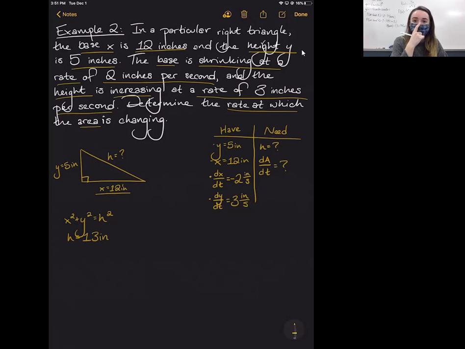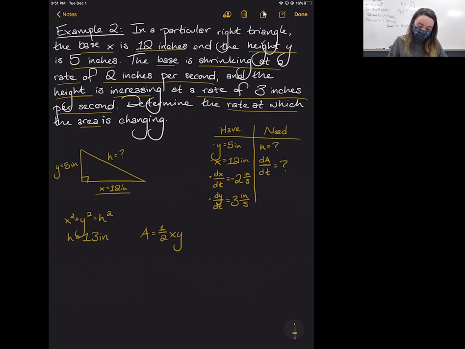Now, we want to know what is dA dt, the change in area over time. To figure that out, we first have to write an equation for the area itself. What's the area of a triangle? Area equals 1/2 base times height, or in this case, 1/2 x times y.